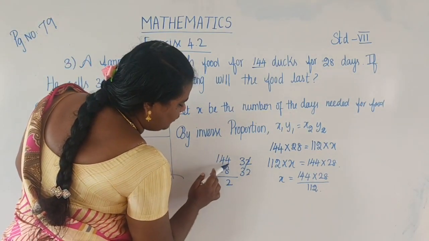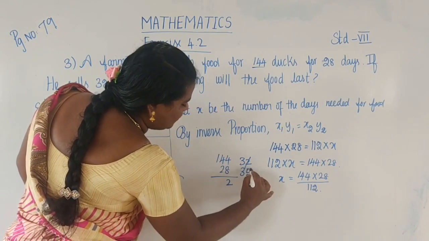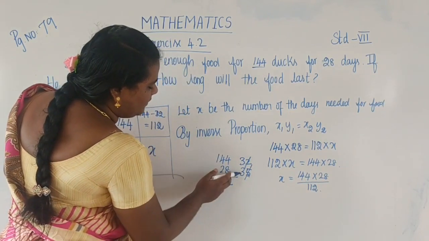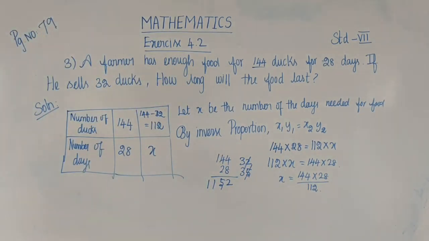8 4s are 32. 32 plus 3, 35. So 5 cancel and put here, and 1 8 is 8. 8 plus 3, 11. And next we take 2.